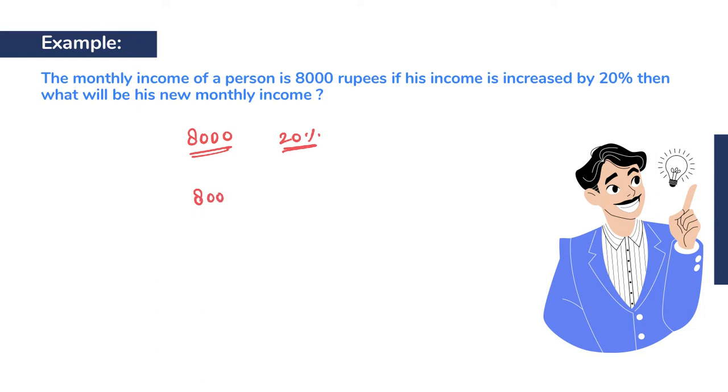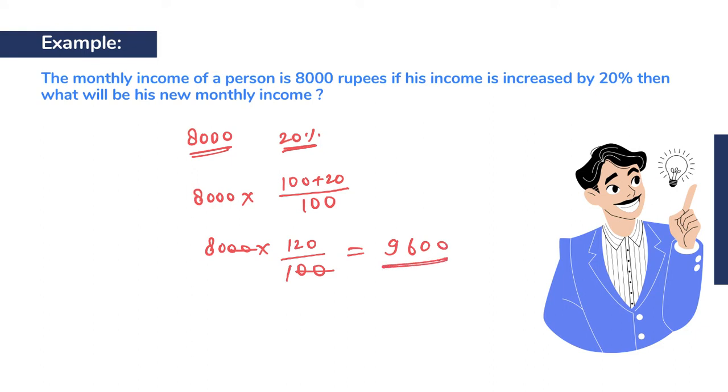The number 8,000 multiplied by 100 plus the increased value, which is 20, divided by 100. This is our formula. 8,000 into 120 divided by 100. 00 and 00 cancel, and 12 multiplied by 8 is 96 and 00. So now his salary is 9,600 rupees.